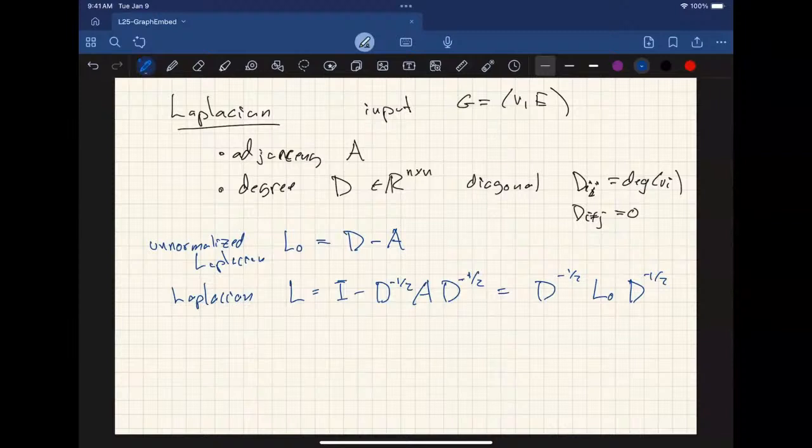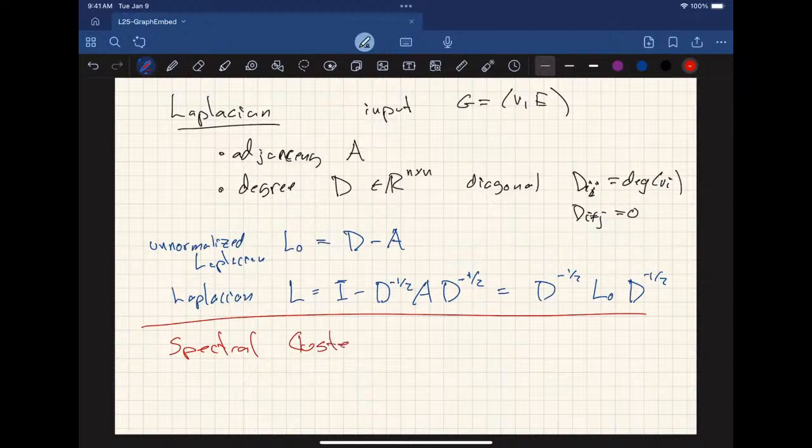Okay, and then we learn from, if you remember, spectral clustering. Spectral clustering had 2 steps.